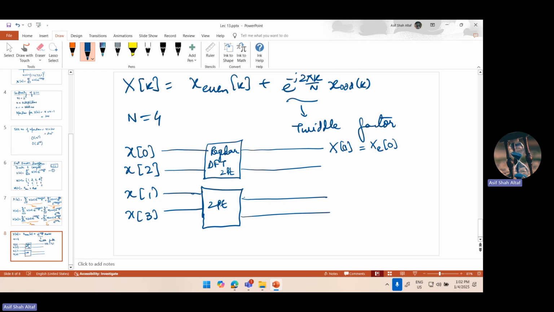It will start from 0, xe 0, plus when you put 0 here, it will be just x odd of 0. And where will this x odd come from? It will come from this line, because this is what represents the odd part. Here this point represents a summation. Same for this one, it will be x of 1, x even of 1 plus x odd of 1. It requires one more point, which will come from here, and you will add it.